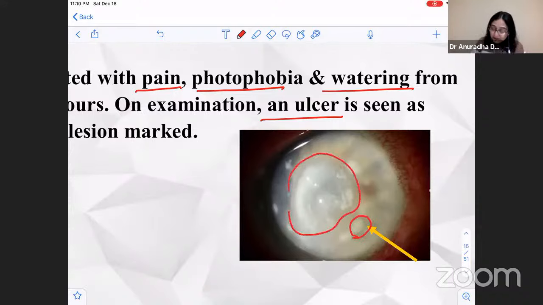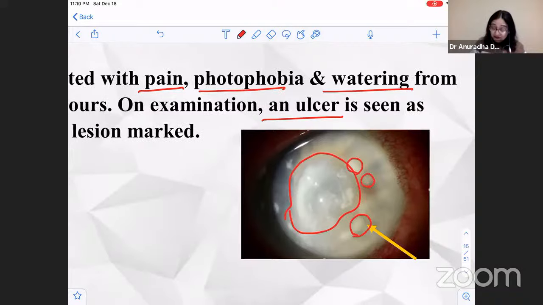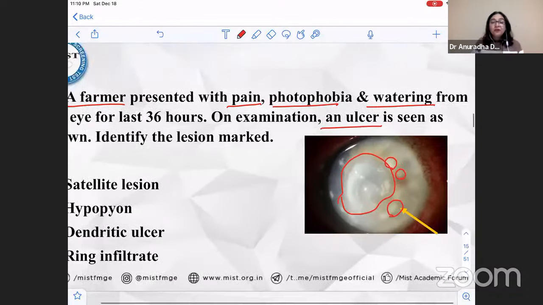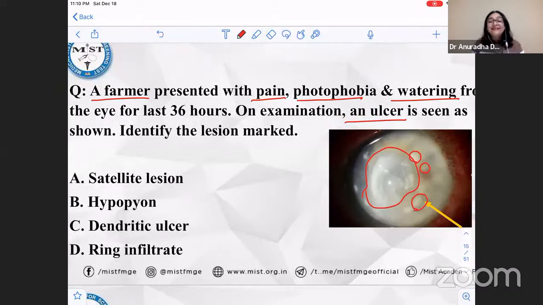You can see there is a main ulcer here. And then there are many small, what we call satellite lesions. So let's go through the choices. The choices which they gave were satellite lesion, hypopyon, dendritic ulcer, ring infiltrate.